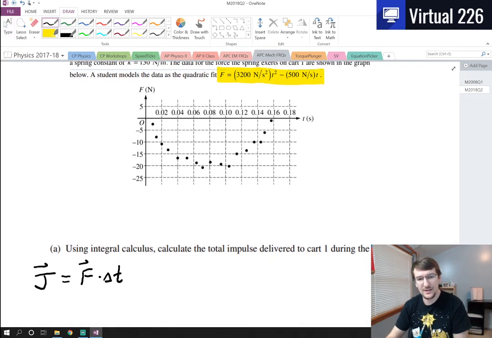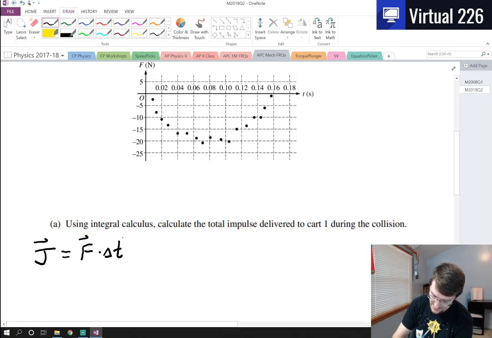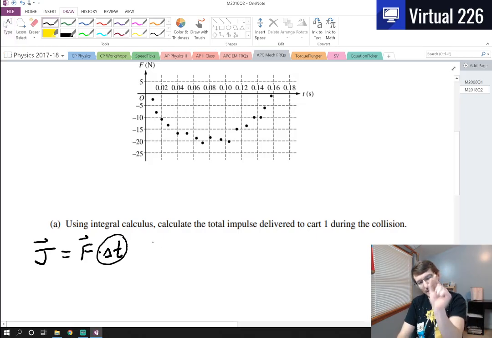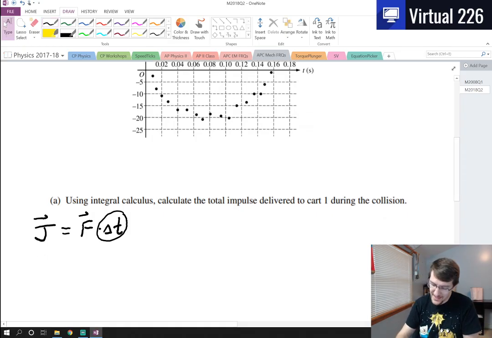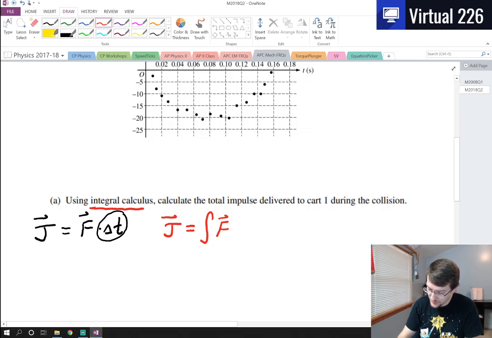When we're using integral calculus, this change in time can be very, very small. It can be continuous. And that means that for integral calculus, an impulse is going to equal the integral, or the addition, of many pieces of force multiplied by small segments of time.